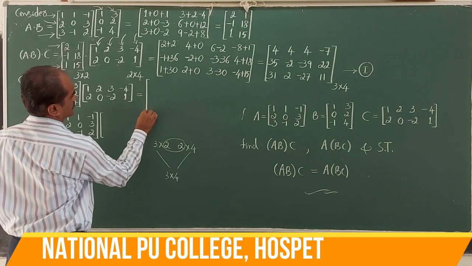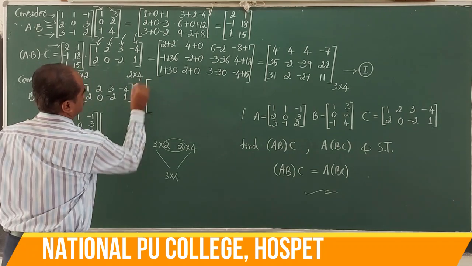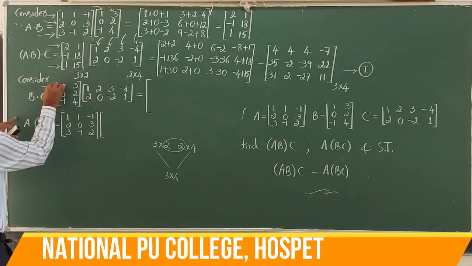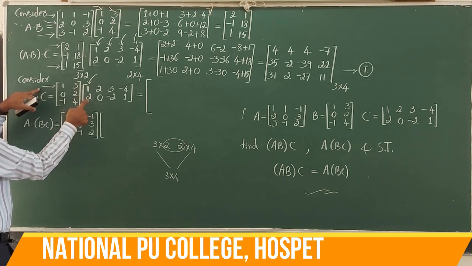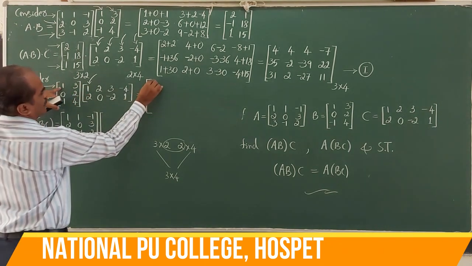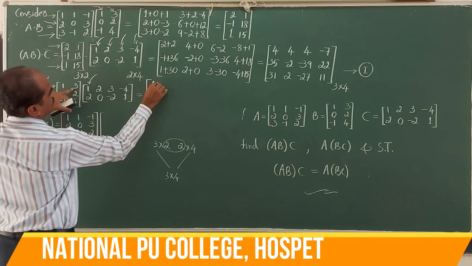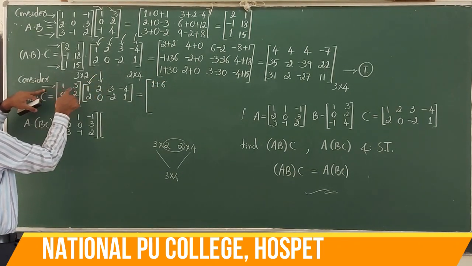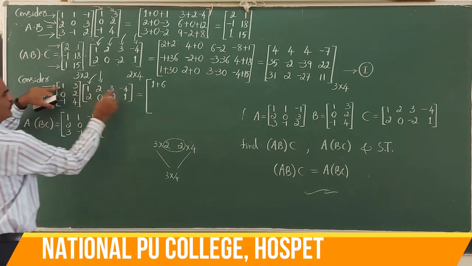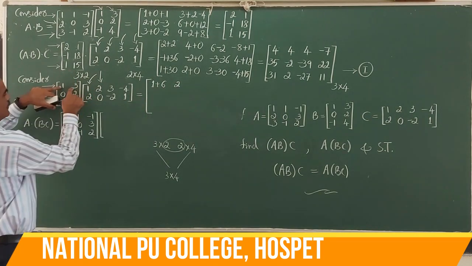Now let me write the elements one by one. First row, first column: 1 into 1 plus 3 into 2. First row, second column: 1 into 2 plus 3 into 0.